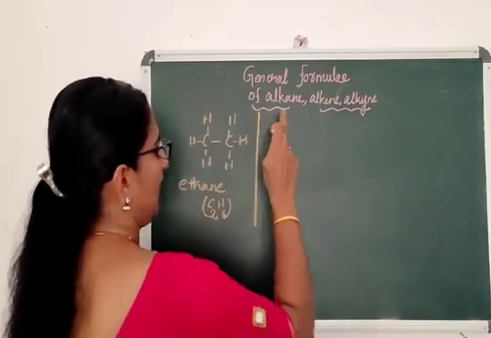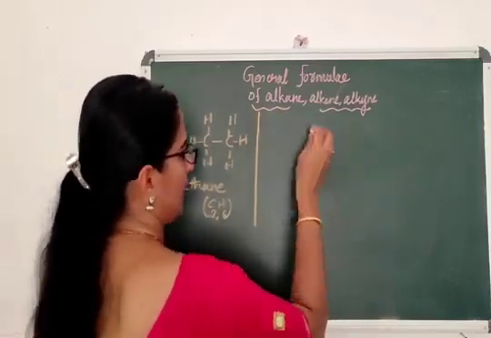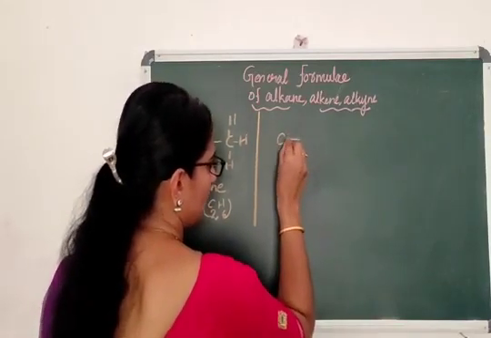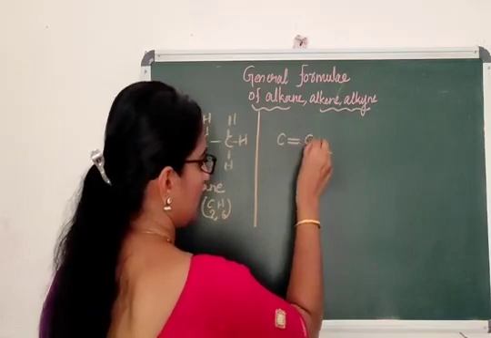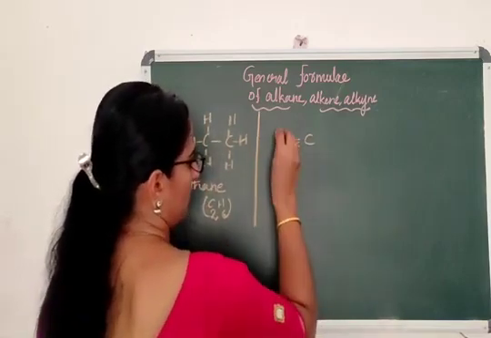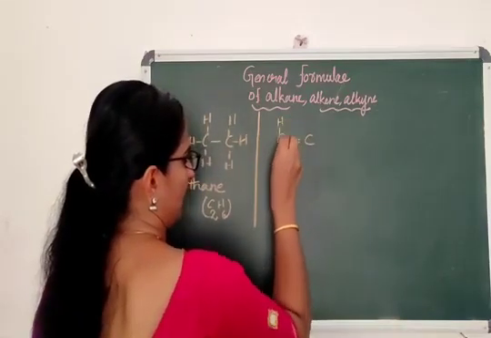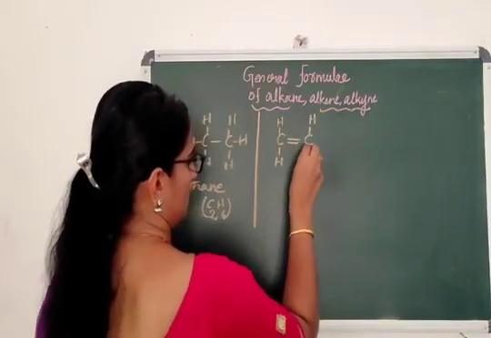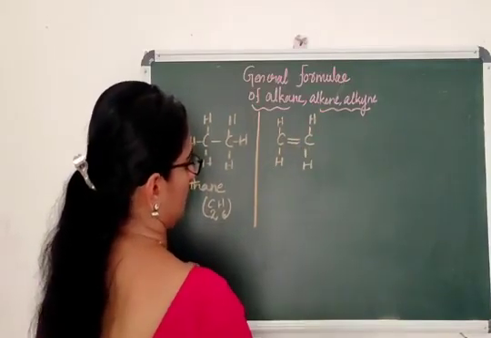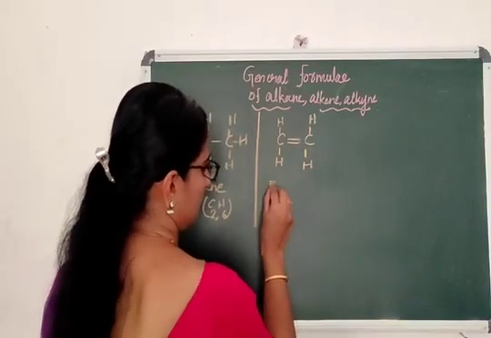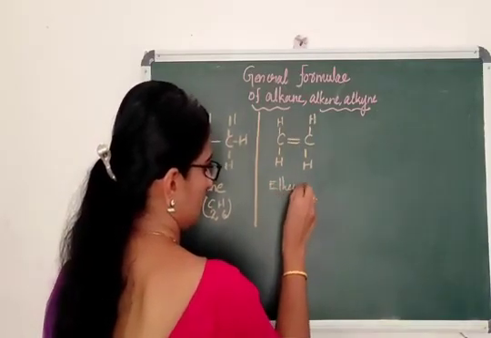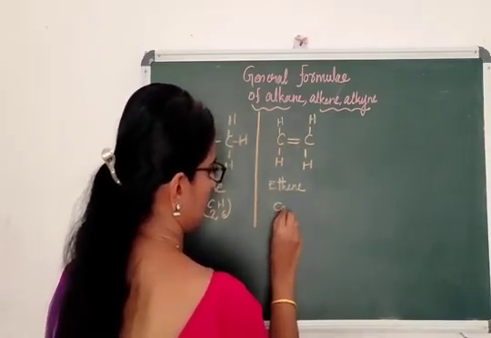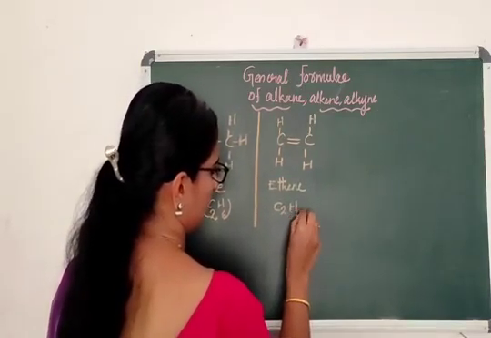And if you write one example of an alkene, ethene has two carbons with a double bond, and the rest of the valencies are satisfied by hydrogen. This is ethene, the first member of the alkene series, and the chemical formula is C2H4.